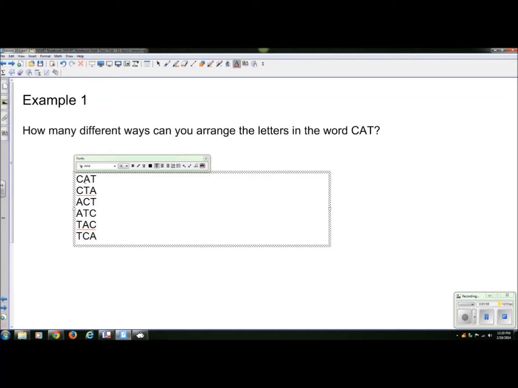Once I've done that, the last letter is fixed; it's whatever I haven't chosen yet. Just like the fundamental principle of counting, I have three possibilities for the first letter, two for the second, one for the third. So that means I have 3 times 2 times 1, 6 different possible spellings for the letters in the word cat.